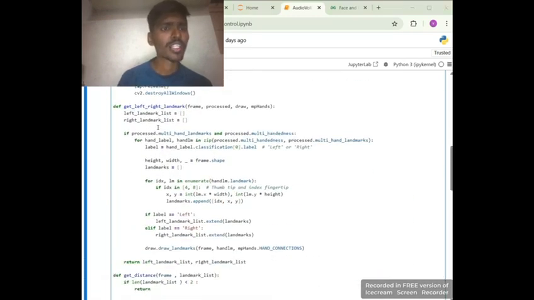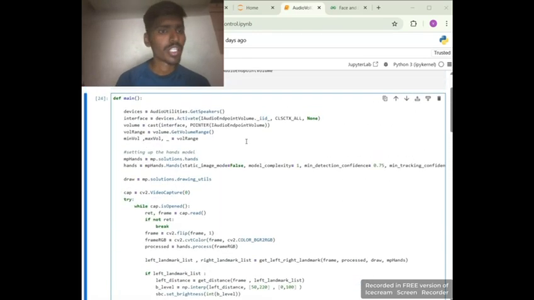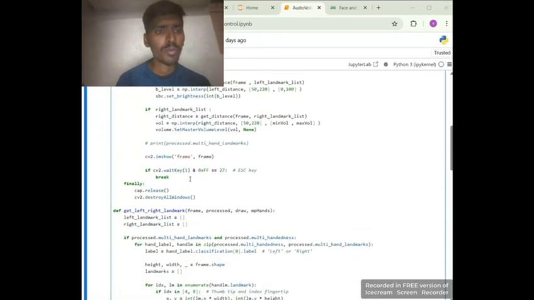And this is the function which continuously monitors and maps the result to the percentage of the system's volume. So in this way this project works. It's a very simple piece of code.